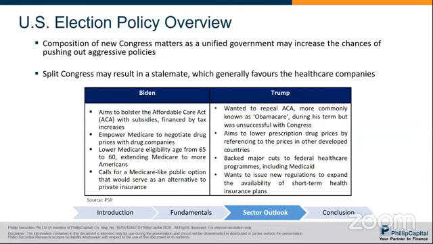But if you were to have a Biden win with a split Congress, ultimately it may result in a stalemate. Some policies may not be able to pass, and this stalemate will generally favor healthcare companies. So other than the presidency itself, definitely we have to look towards the composition of Congress.